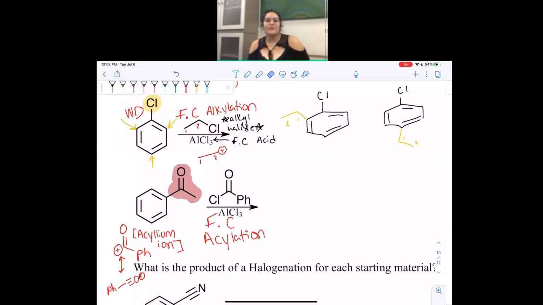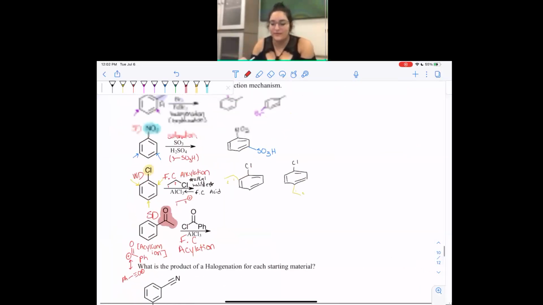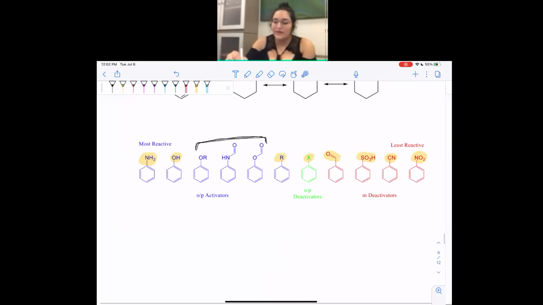Okay, so a couple people answered, and yes, I have to agree, it is a strong deactivator. It's the weakest of the strong ones, so I see where people might have gotten confused. But remember, everything besides halogens are strong deactivators, and carbonyls do count.